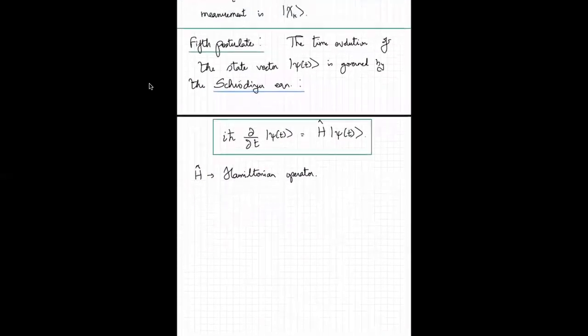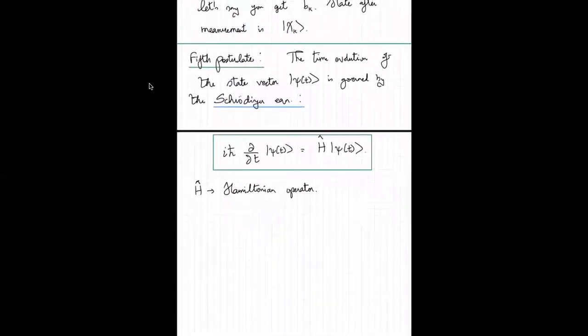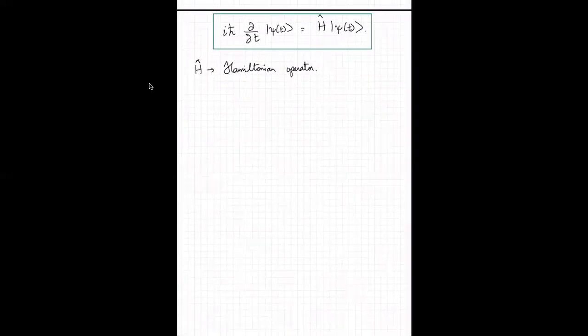Now I can write down the formal solution of this equation. Suppose I start at some time t0 and I want to write down the solution at some time t, then I can formally integrate this equation. This is a very simple first order differential equation, except that this H is an operator, so you have to be a little careful.